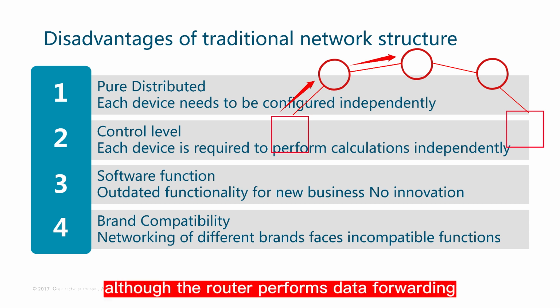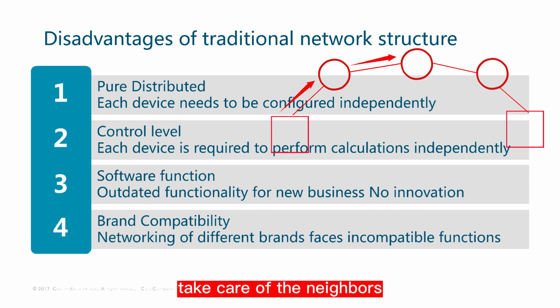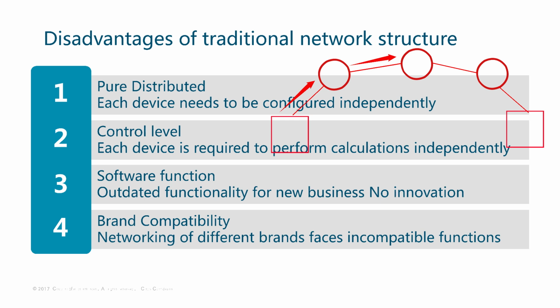So, although the router performs data forwarding, it needs to maintain its own routing table. You have to exchange messages every day and take care of the neighbors. If not, the device has to recalculate, plan the route, and switch some ready lines. These are calculations.